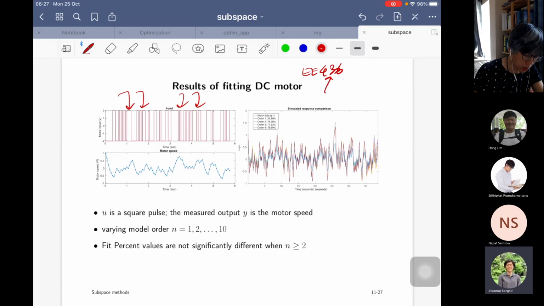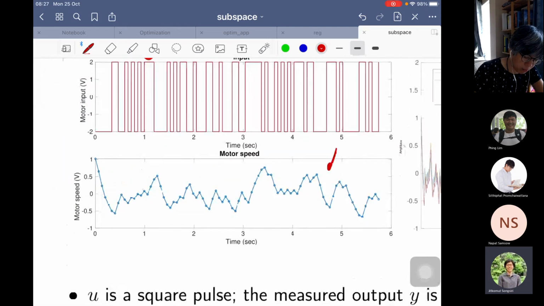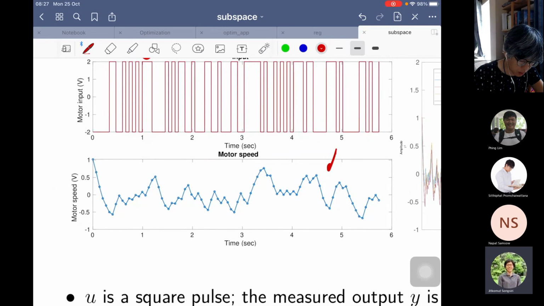When the input that is designed in discrete time is converted D to A back to the physical system, it moves the DC motor, and the speed changes up and down like this waveform. This is what we collect, this is what we measure.